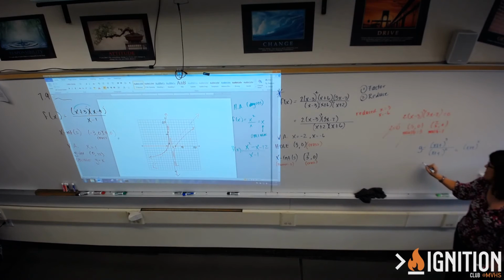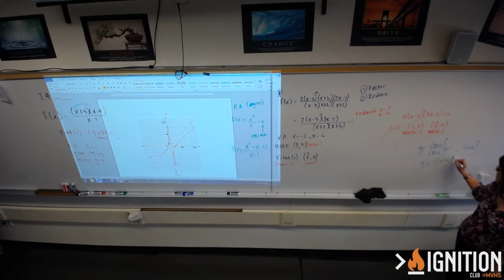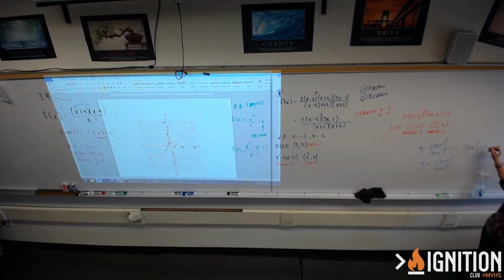If it reduces out completely, like x plus 4 to the 5th over x plus 4 to the 5th, this is just a flat-out hole at negative 4. So it's like I partially removed the discontinuity, but it's partially still there.